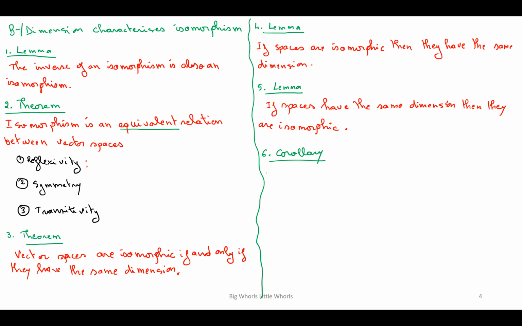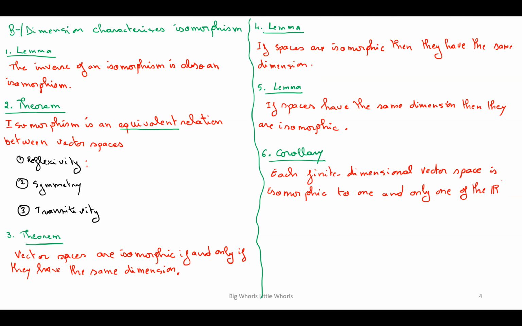Okay, so each finite dimensional vector space is isomorphic to one and only one of the Rn.